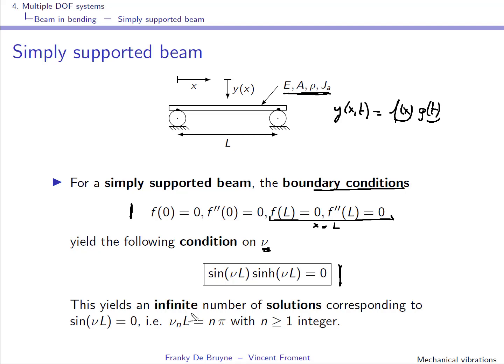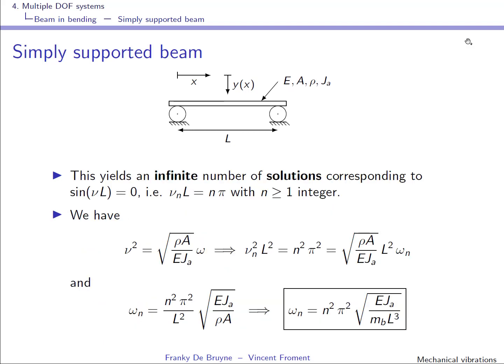So there are an infinite number of natural frequencies, and it's kind of easy to see what these solutions will be, because if you want to make this 0, you need to make sure that this argument here is equal to a multiple of pi, with n an integer.